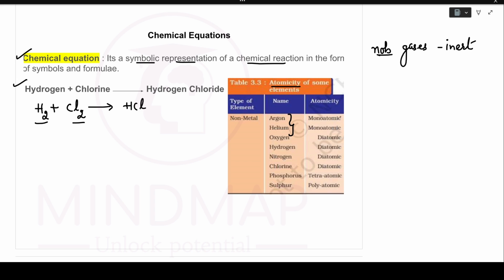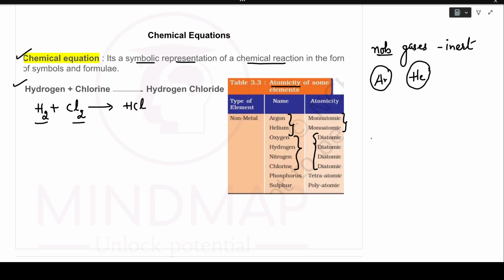So they are found in monoatomic form, single free form. The argon atom is free. It is freely found in nature. Helium is also found in a free state. So monoatomic, single atom.